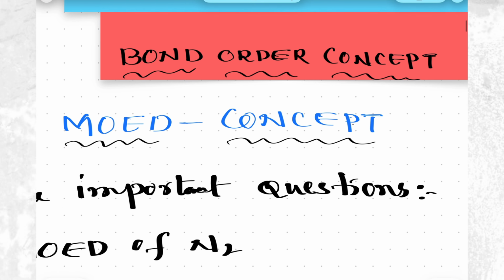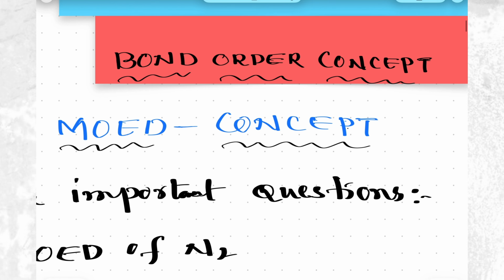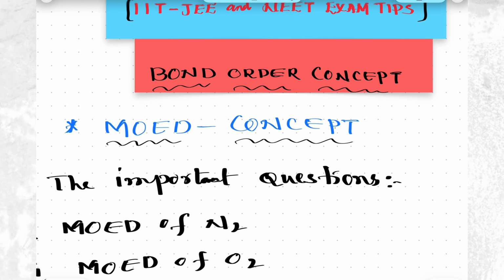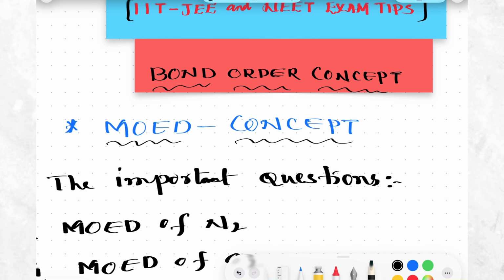See here, what is the bond order concept? Before going to know about bond order, we have to know a very important concept, that is MOED. What is MOED? Molecular orbital energy diagram.